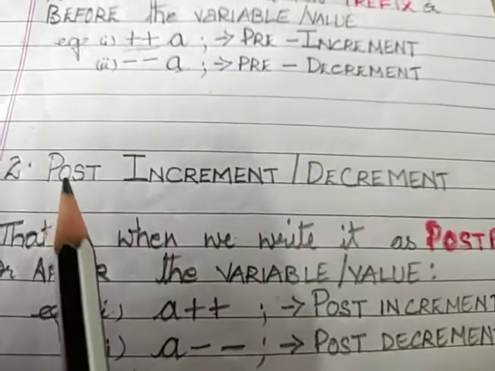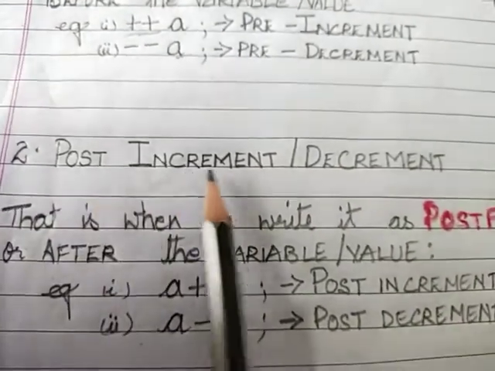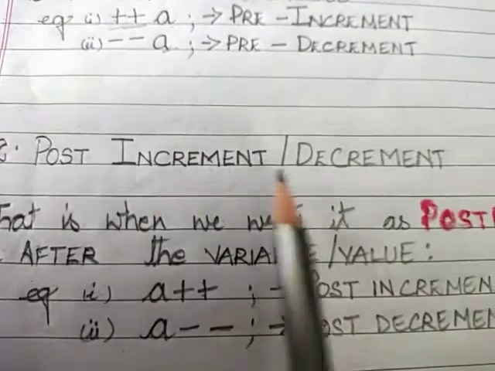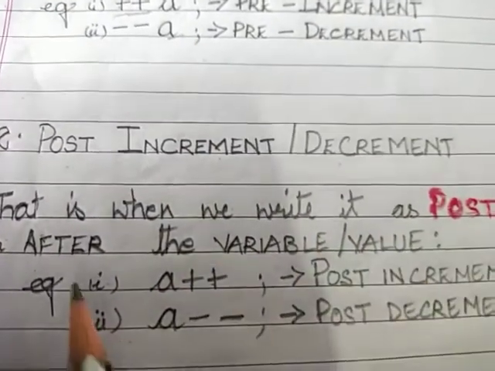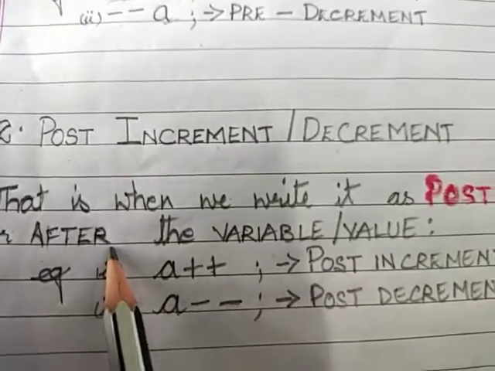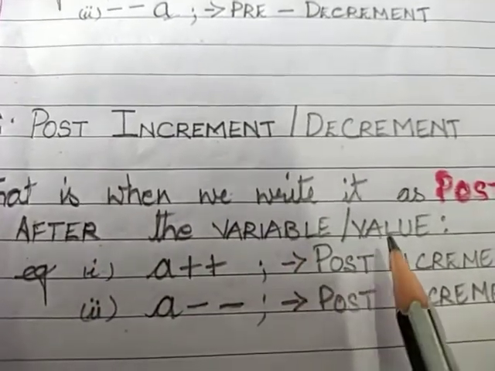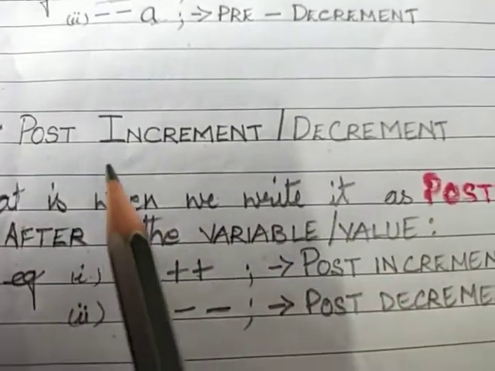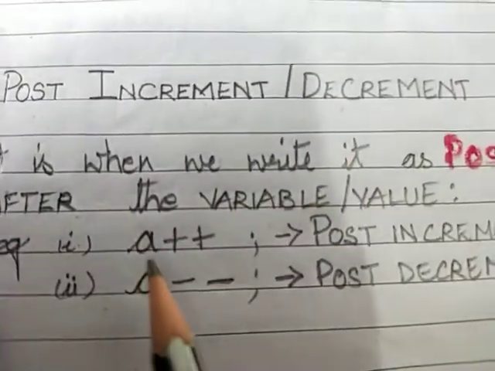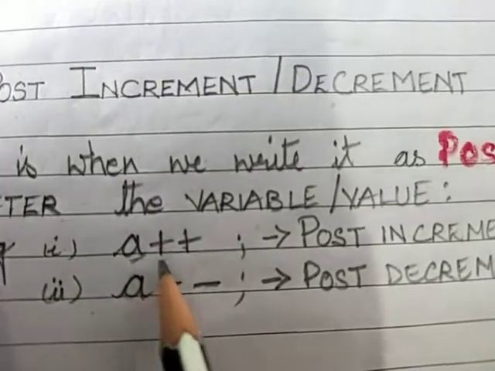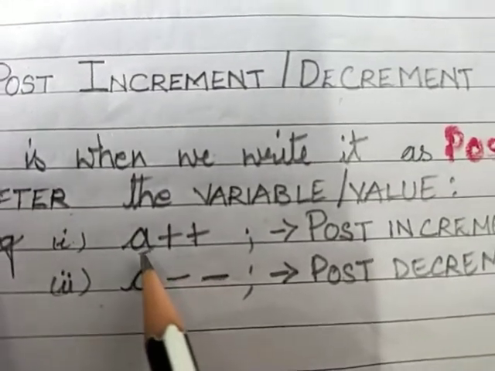And the second way of writing is post-increment or post-decrement. That is when we write it as postfix, or we write this operator after the variable, it is known as post-increment or post-decrement. For example, after the variable a, I write ++, or a++.